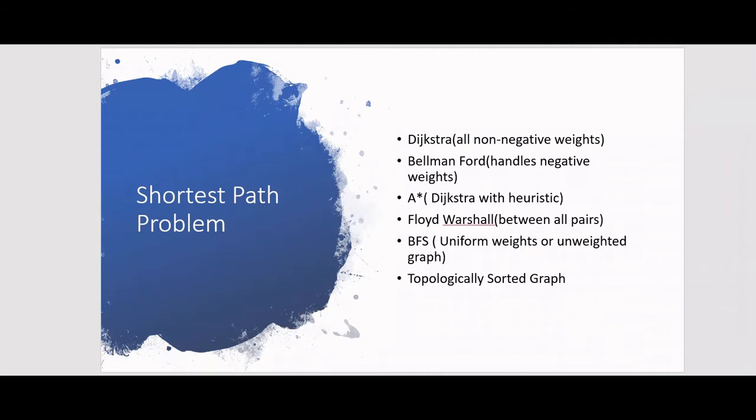What are the practical use case of all these shortest path algorithm? Think about it. Just now I gave example of the shortest path between 2 points in a city. So you have Google Map. Google Map is one very practical example of the shortest path algorithm, and you want to find out shortest path between one point to other before starting your journey.